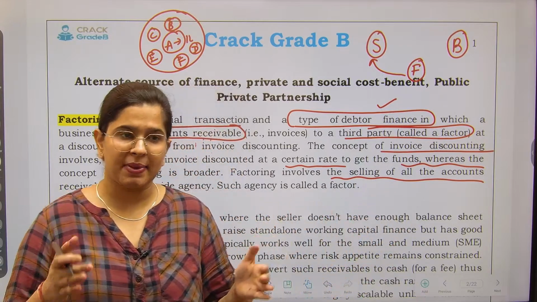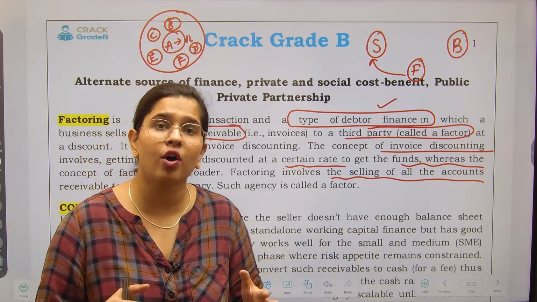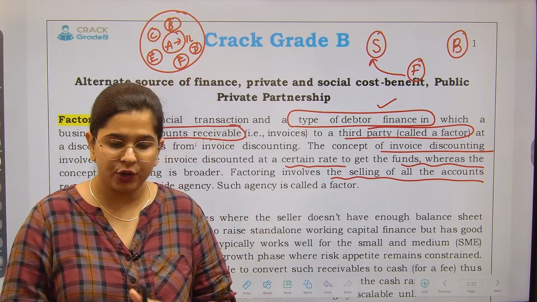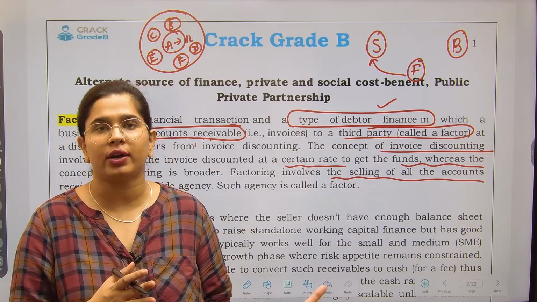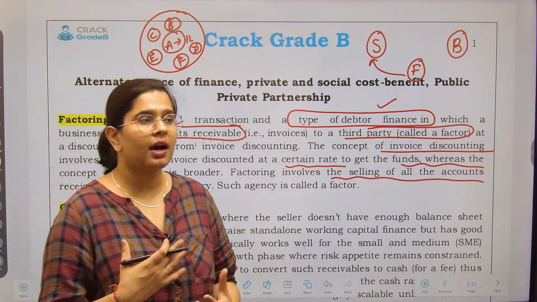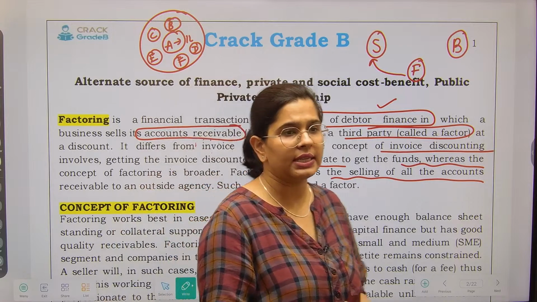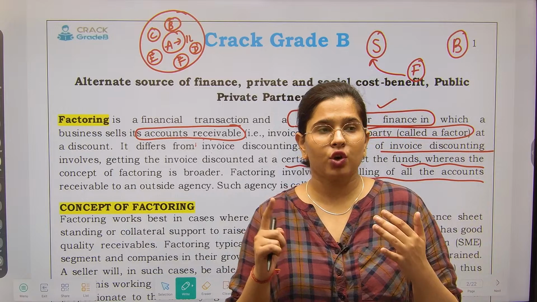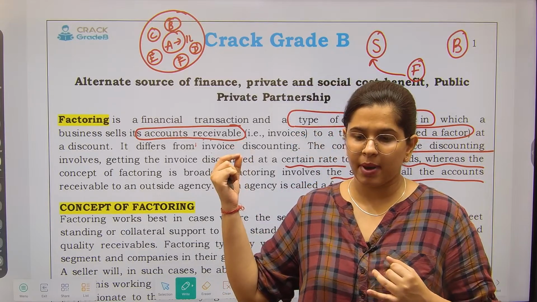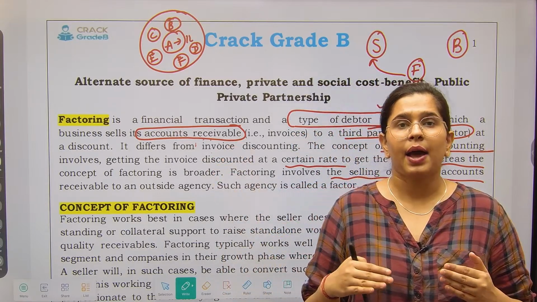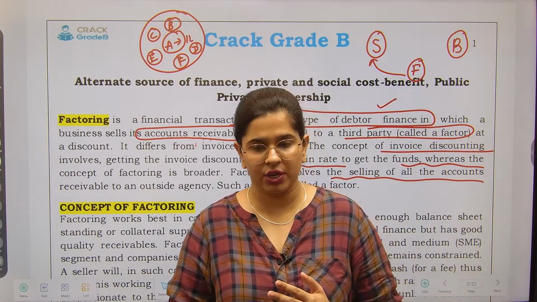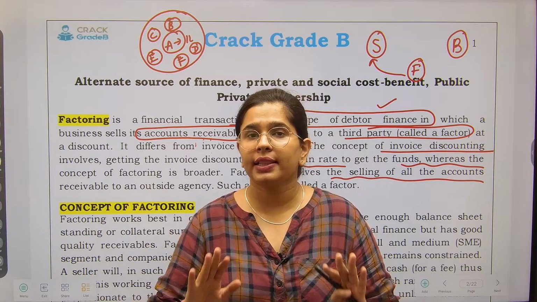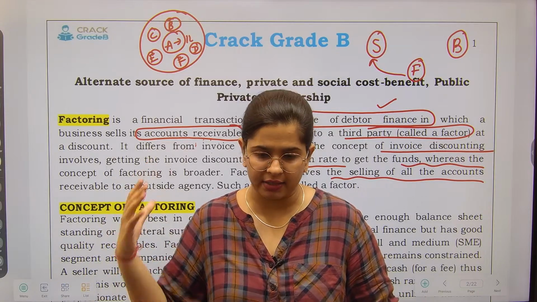So all such expenses, as well as the headache of collection, get transferred to a third party so that you can now focus on other important tasks. ठीक है, so it is a process of outsourcing. ठीक है, इसको क्या बोलते हैं? It is a process of outsourcing. Why is it done? Obviously they will be charging some amount for it, but there is better ease of administration. आपको ज़्यादा फोकस नहीं करना है कि ठीक है किसने पैसे दिए किसने पैसे नहीं दिए. All that headache goes to a factor. ठीक है.